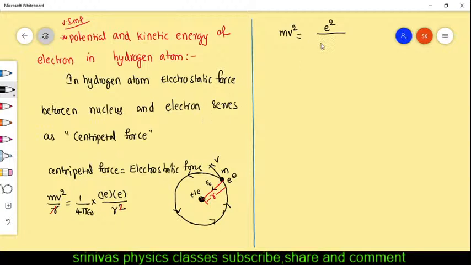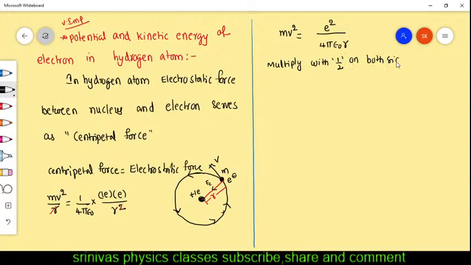So mv square equals e square by 4 pi epsilon naught r, and then we multiply with 1 by 2 on both sides.